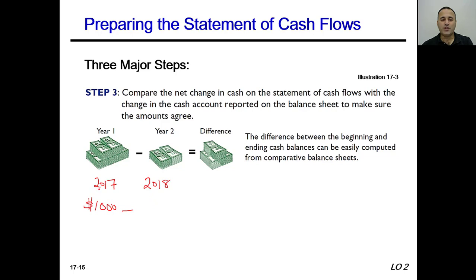The ending cash for 2017 becomes the beginning cash for 2018, and let's say the ending cash for 2018 is $1,500. So the difference is $500. Once we calculate the net cash flows in step number one and step number two, it has to match this number. This gives us a confirmation that whatever we did in steps one and two, we did correctly.